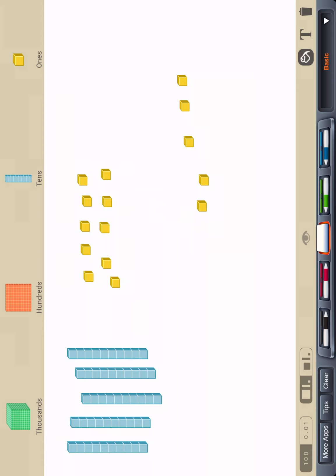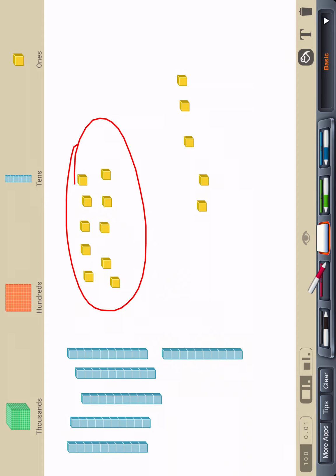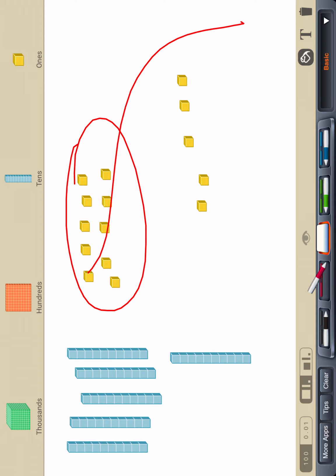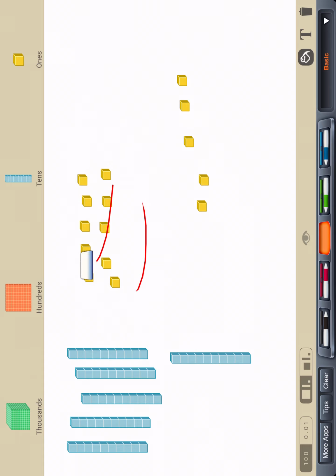So what we could do is take this and trade that for a ten. Let's trade that. So we'll get rid of these.